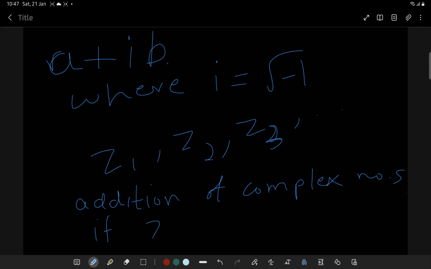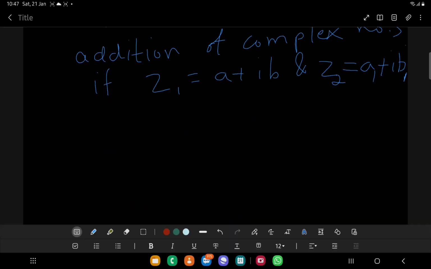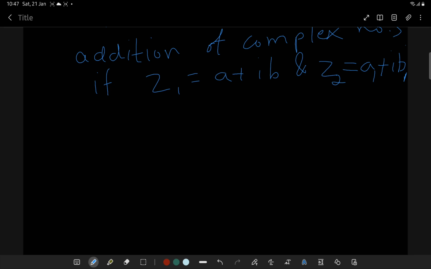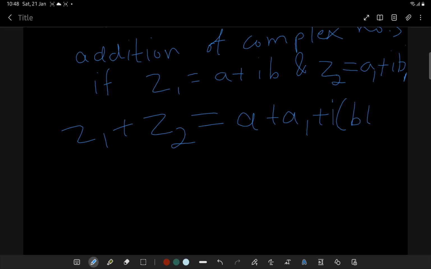If z1 is equal to a plus ib and z2 is equal to a1 plus i times b1, now z1 plus z2 is equal to a plus a1 plus i times b plus b1.